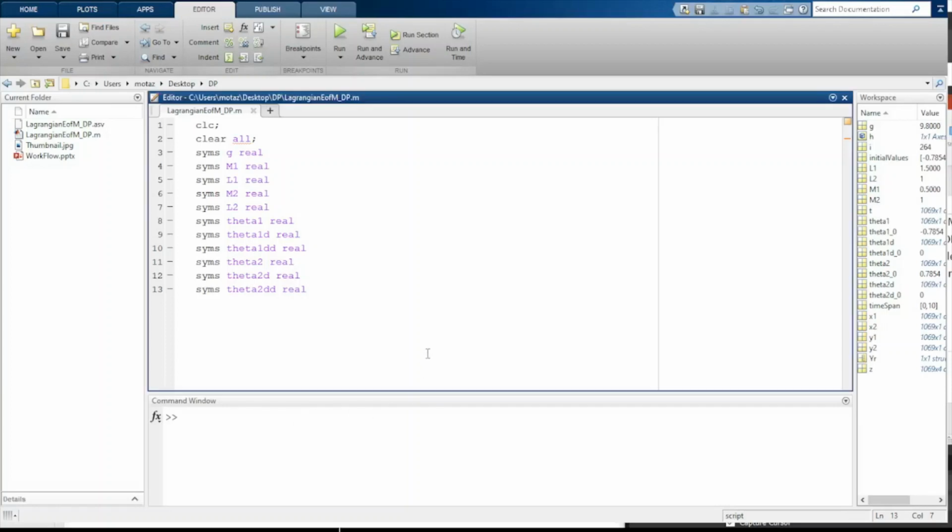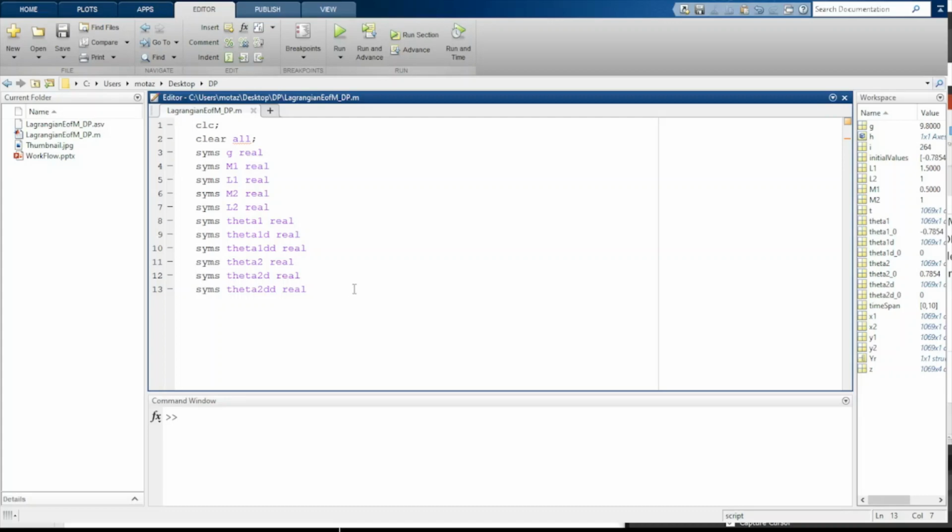Okay, now we're in Matlab, and the first step is to define all of the symbols, which are pretty much self-explanatory: gravity, mass, and lengths for the first and second pendulum. Theta 1 is the angle that the first pendulum makes with the vertical.